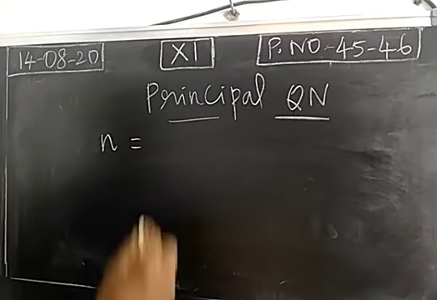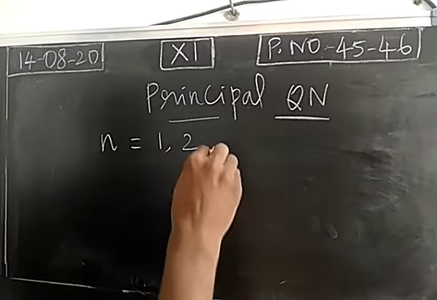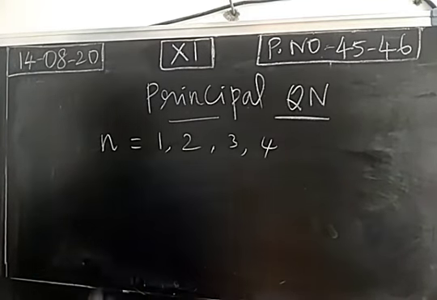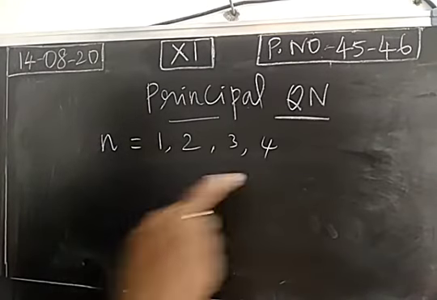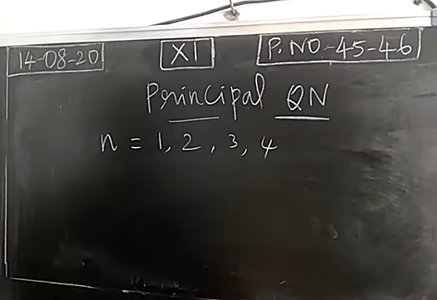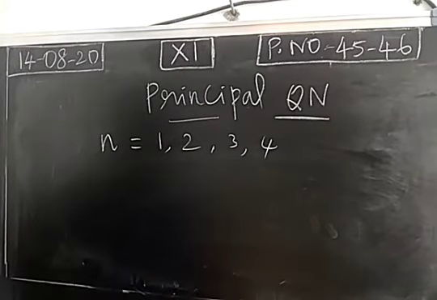The n value will start from 1. So n value may be 1 or 2 or 3, 4 and so on. The n value will not be 0 because we have first orbit, second orbit, third orbit like that. N value 1 represents the first shell or first orbit, then second orbit, third orbit, fourth orbit.